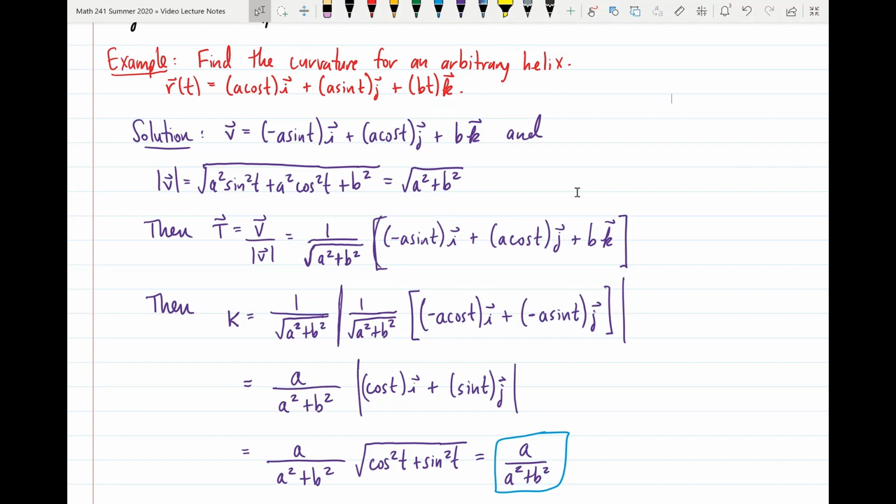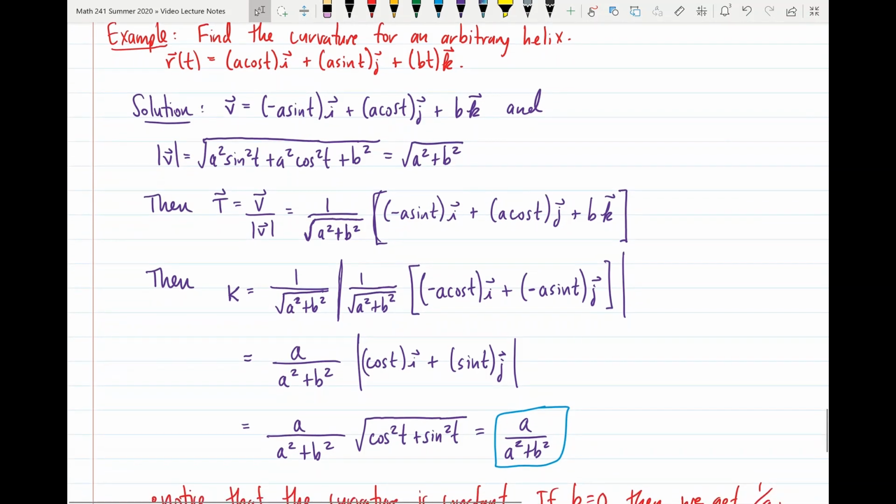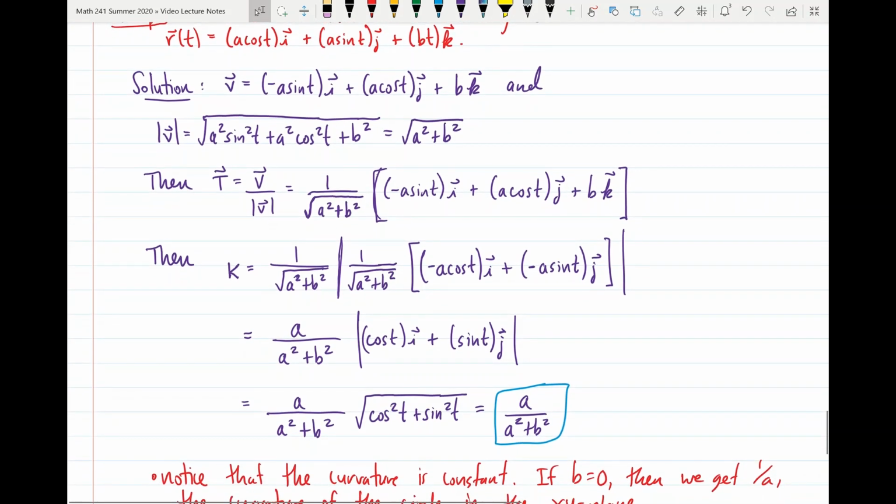And using the fact that sine squared t plus cosine squared t is equal to 1, we find that ultimately the magnitude of the velocity is equal to the square root of a squared plus b squared for all t. So notice that the magnitude of the velocity is going to be constant, depending only on which constants a and b we choose for our helix.